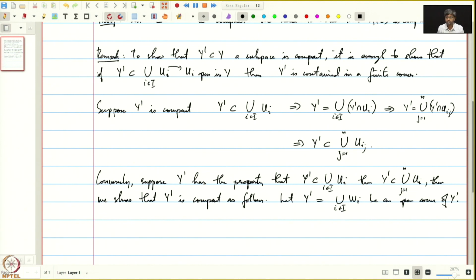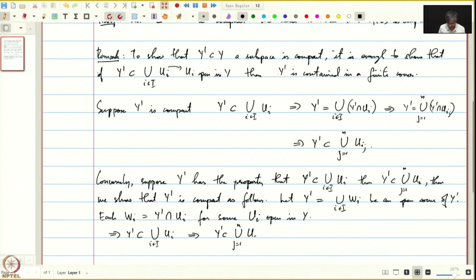Now Y prime has a subspace topology, which means that each Wi is equal to Y prime intersected with Ui for some Ui open in Y. So this implies that Y prime is contained in the union over i in I of Ui, which implies that, because it has this property, it is contained in finitely many Ui_j, which implies that Y prime is equal to the union over j equal to 1 to n of W. This implies Y prime is compact.